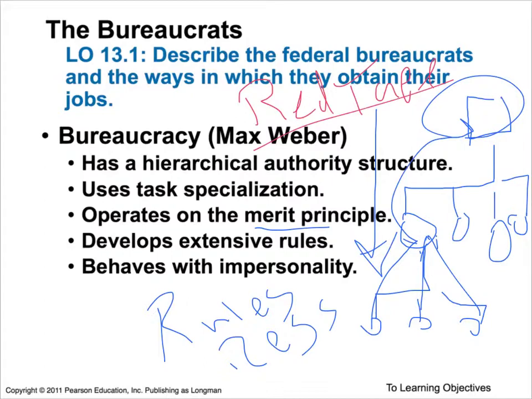Also, it behaves with impersonality. It's an entity of its own. It isn't necessarily the people. It becomes its own entity. Impersonal, full of red tape, full of regulations. No, you can't do that because the system is that way. That's what bureaucracies are all about.